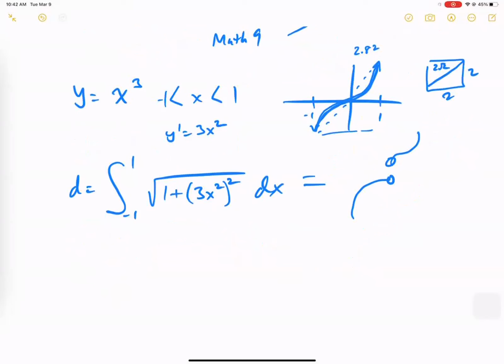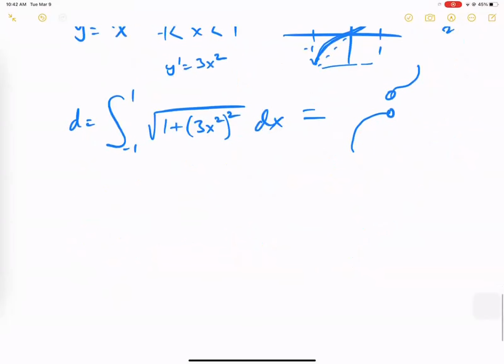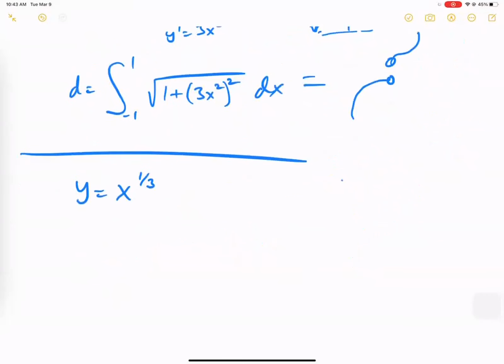And one that the book throws out is this problem here. Y is equal to x to the 1/3 power. Now, if I rewrite this problem, if we look at the problem, it looks like this.